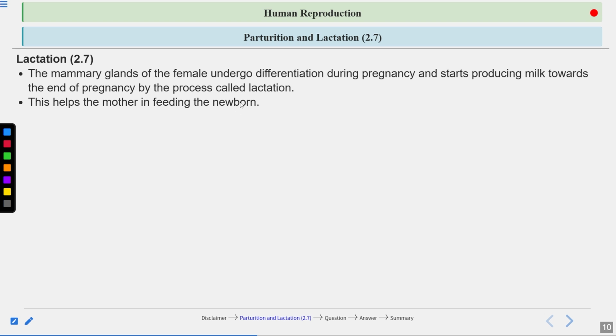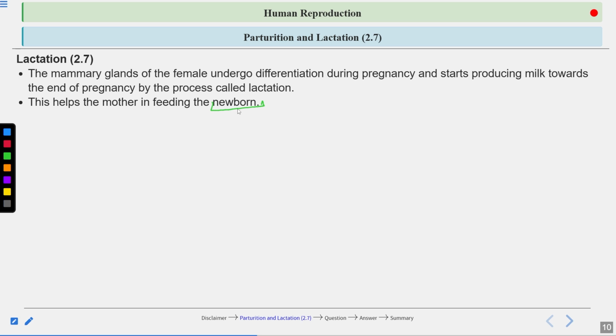This helps the mother in feeding the newborn. The mother can feed the newborn because a newborn needs only liquid food. No solid food is given initially to the newborn. Colostrum is known as the mother's milk.